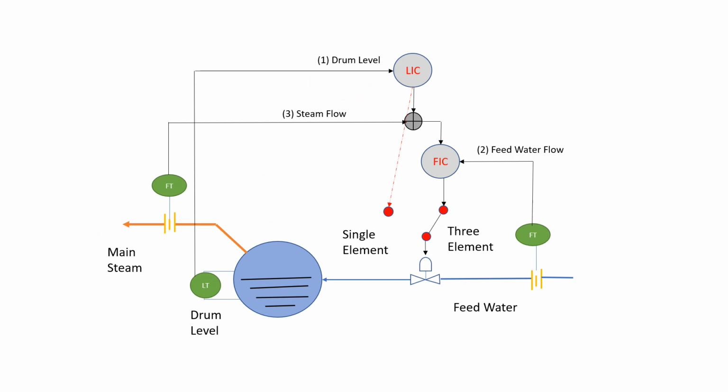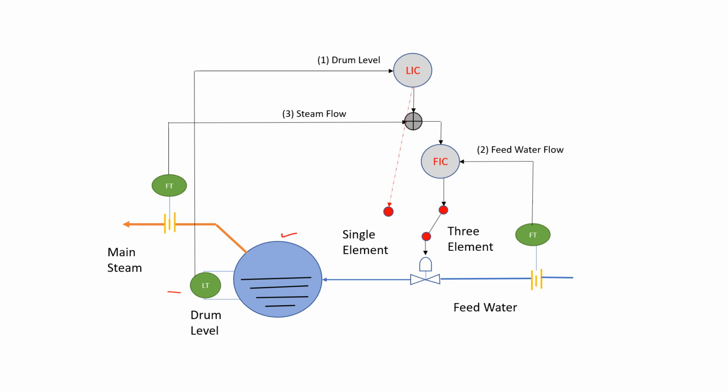So this is a simplistic diagram of the three element boiler drum level control. As you can see, this is the boiler drum, and there is a level transmitter which measures the level of the boiler.